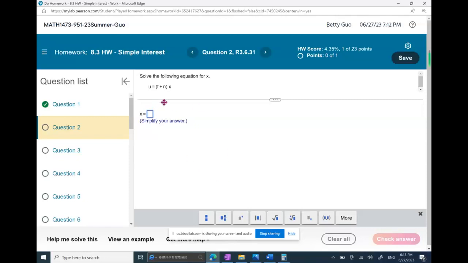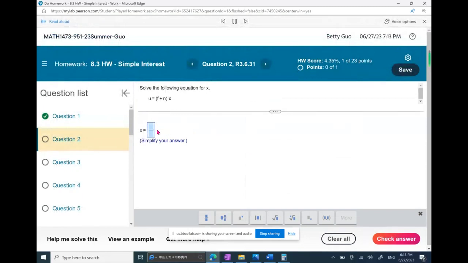With that said, F plus N in the parentheses would be the coefficient of X. Coefficient is a very important concept in algebra. When we solve the equation and isolate X, we divide each side of the equation by the coefficient. So the answer would be U in the numerator.